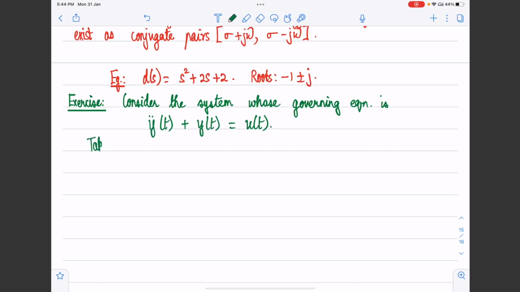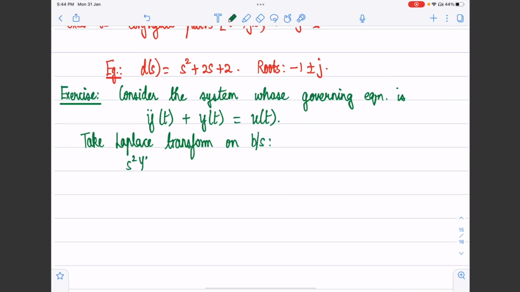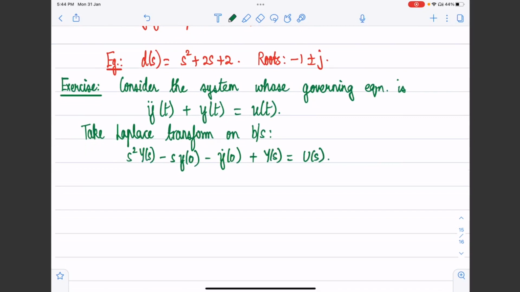Let me do it one more time. We take the Laplace transform on both sides. What we are going to get is s squared Y of s minus s times y0 minus y dot 0 plus Y of s is equal to U of s. Then we apply 0 initial conditions.